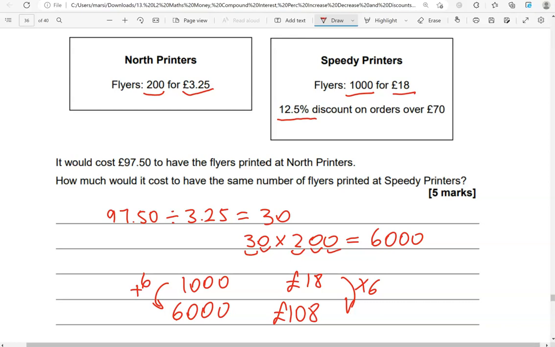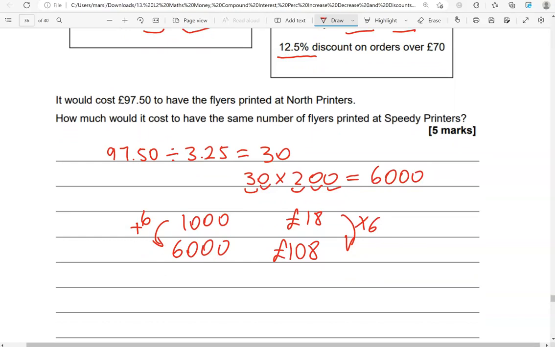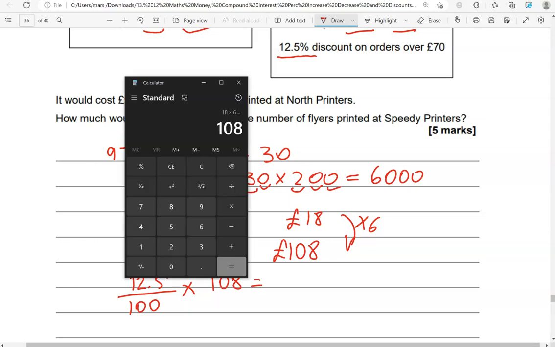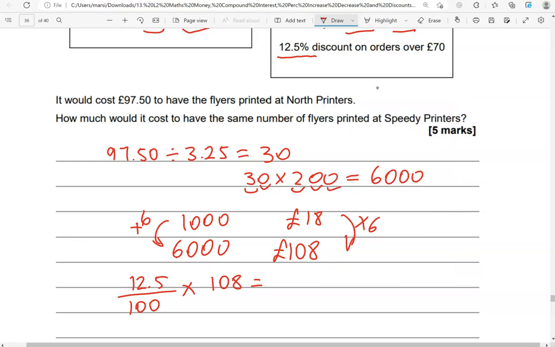12.5% discount on orders over £70. So we're going to do 12.5%, which is 12.5 out of 100, of the amount, which is £108. So it's like multiplying 108 by 0.125, which is 13.5.